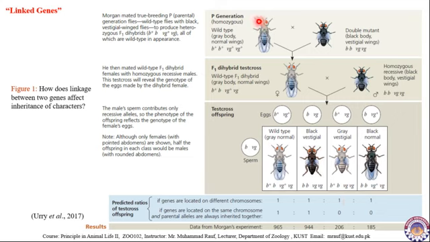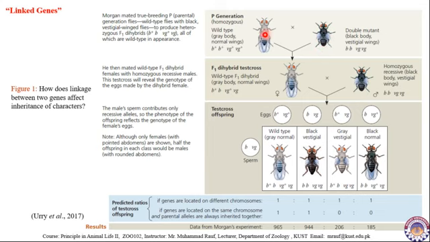So in the parental generation, the P generation, he took a wild type fly which was homozygous dominant for body color and wing size. Body color was gray, which is a dominant trait, and normal wing size means large wings. These two characters are dominant over the homozygous recessive flies, which have black body color and vestigial, small wings.